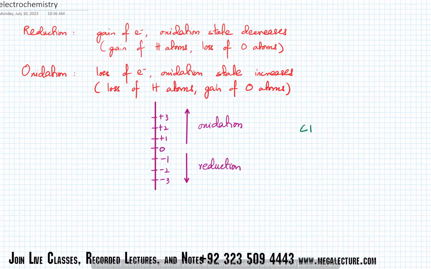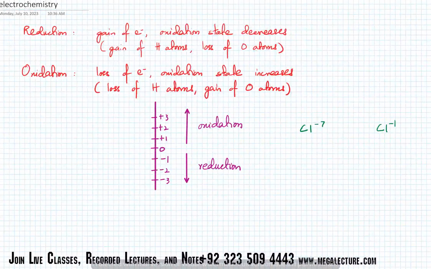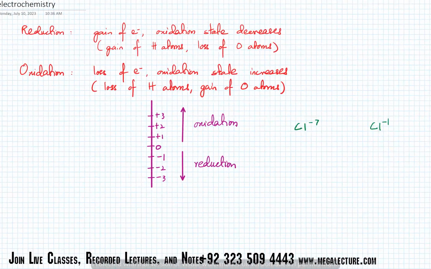So quickly tell me, what's this if I go from Cl-7 to Cl-1? What happened? Oxidation or reduction? Oxidation. Okay, so that's a loss of how many electrons? 6.